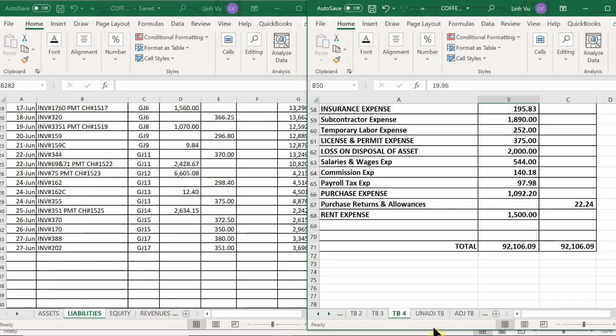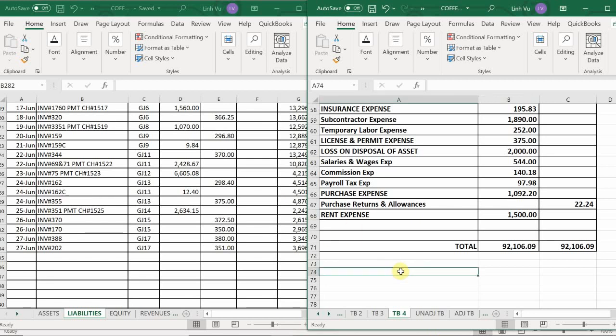I will teach you the next part when we get there, but for now, just a heads up: for the unadjusted trial balance, we are going to compute and complete a trial balance using main accounts.